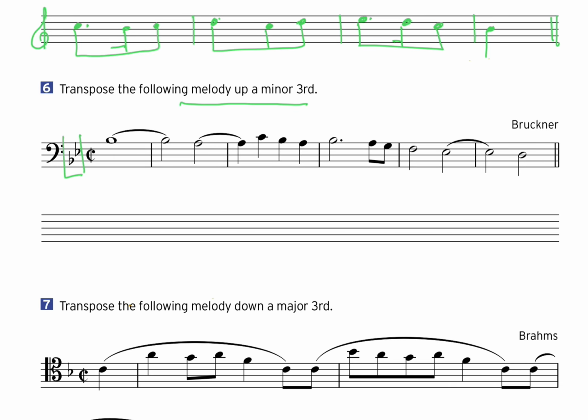That means either this is B flat major or this is G minor. Let's check if there are any accidentals. There are none, and the melody starts and finishes on B flat, so this is B flat major.